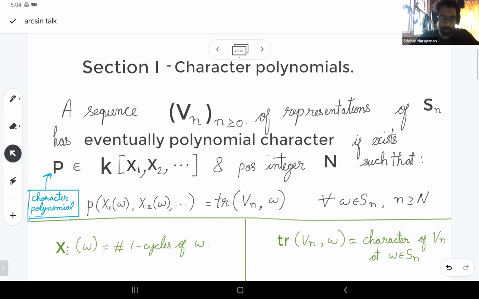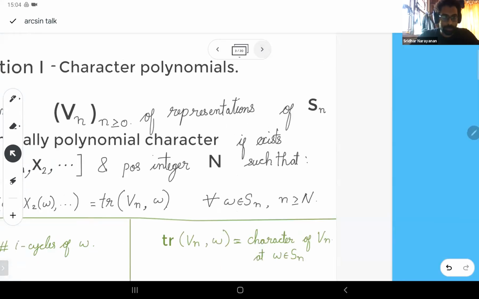Rigorously speaking, eventually means that for all positive integers n greater than some fixed positive integer N, there exists a polynomial, which is called the character polynomial, and that polynomial evaluated on any permutation of S_n is equal to the character of V_n evaluated on the same permutation. Okay. So that is a character polynomial.